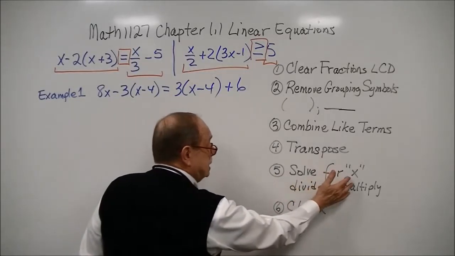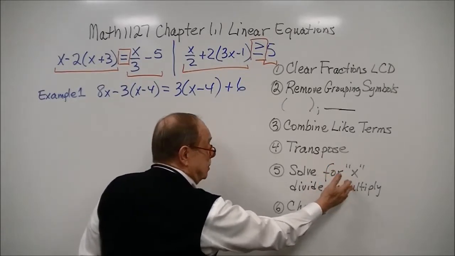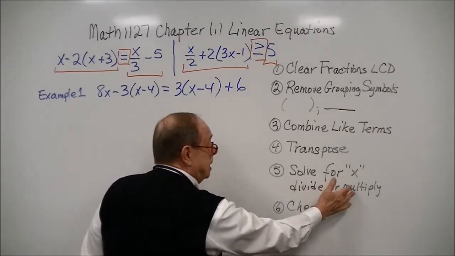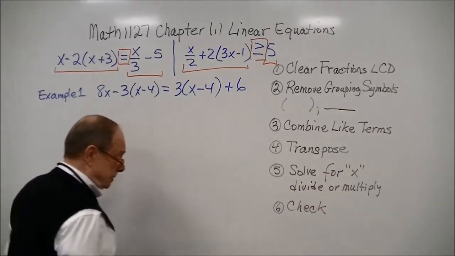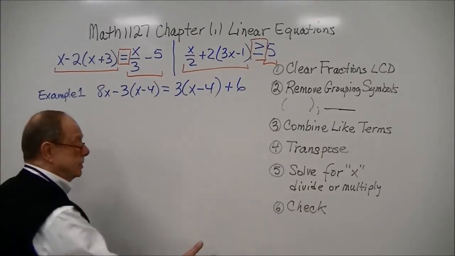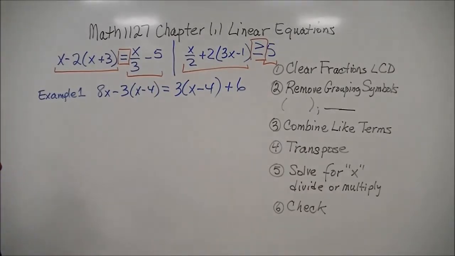And there's usually a term with the x, a number, which is the numerical coefficient, and you're either going to divide or multiply by that coefficient. And we'll be illustrating these as we go on. And then another good thing is to check it. Sometimes the checks are more difficult than the solution, but MathLab allows you just to put the answer in and click on check your answer, and it tells you if you're right or not.